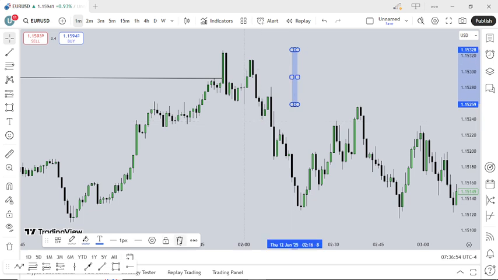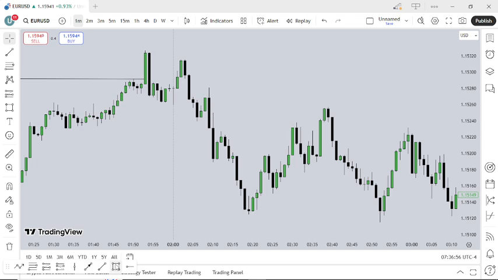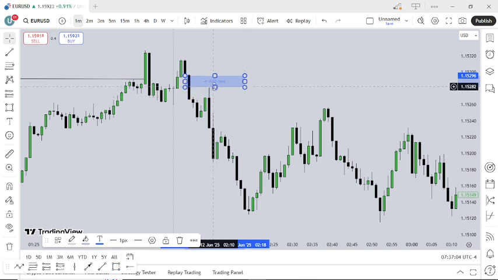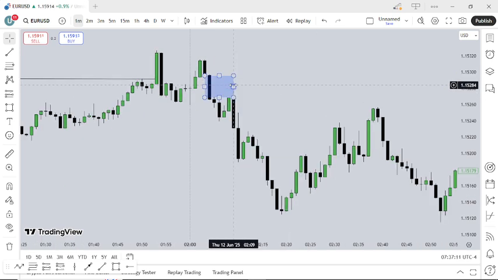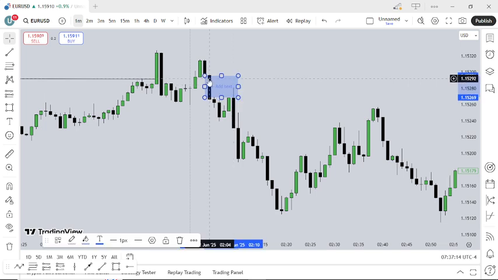Then after that market structure shift, price formed an imbalance, a fair value gap here. As soon as we saw this market structure shift, immediately this low was taken out.